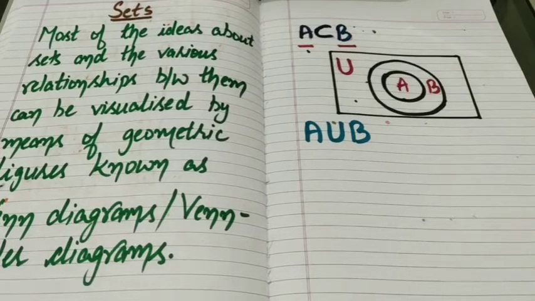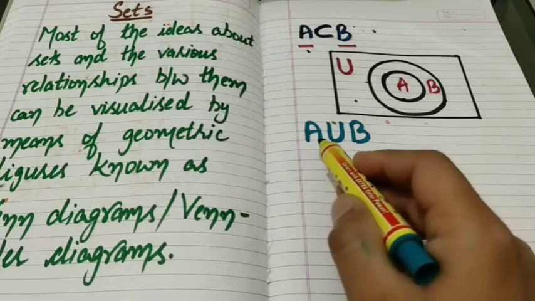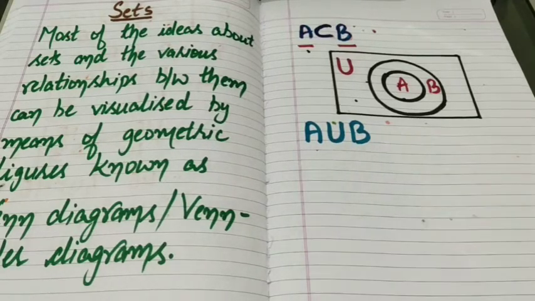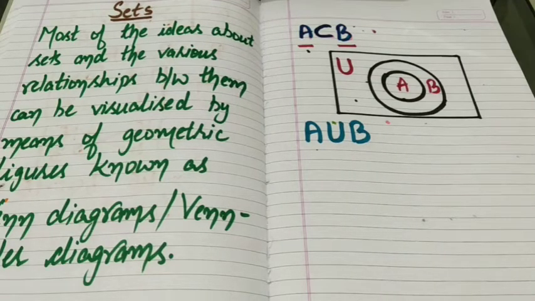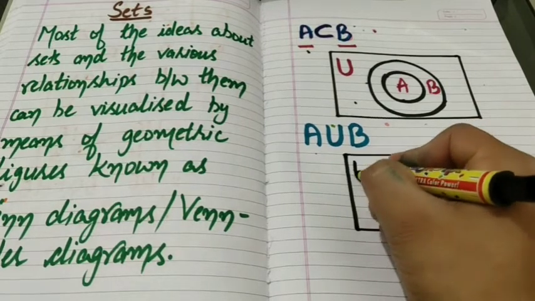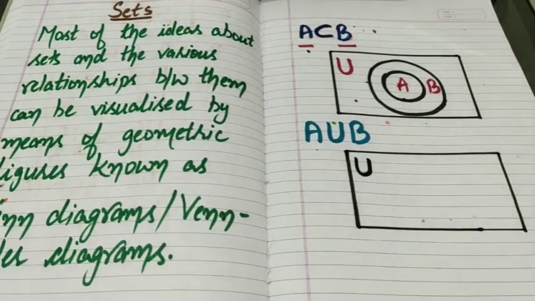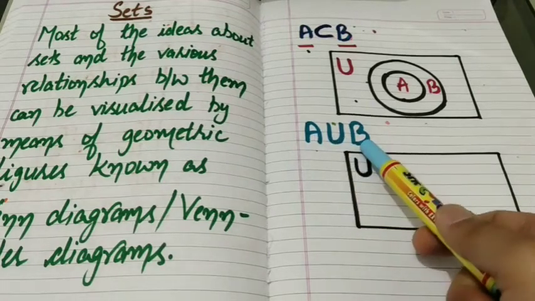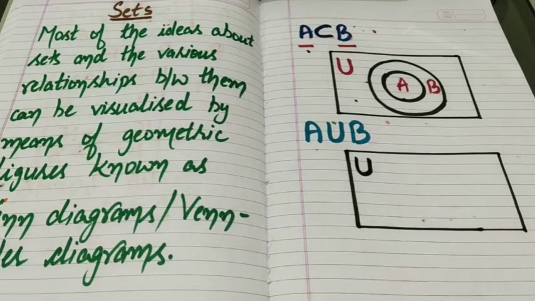Now let us take one more example to find the relationship between two sets. We have to represent A union B with the help of Venn diagrams. Again, first of all, we have to form the universal set, which is represented by a rectangle. This rectangle shows the universal set. Now we have to show set A union set B inside the rectangle with the help of closed curves.